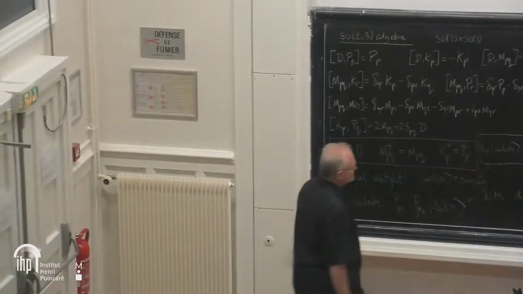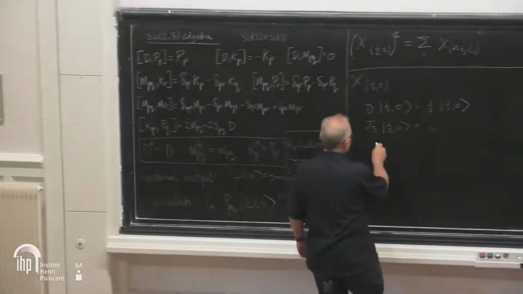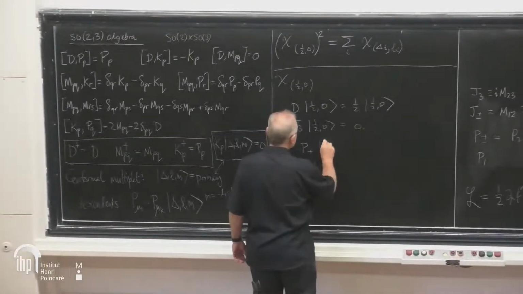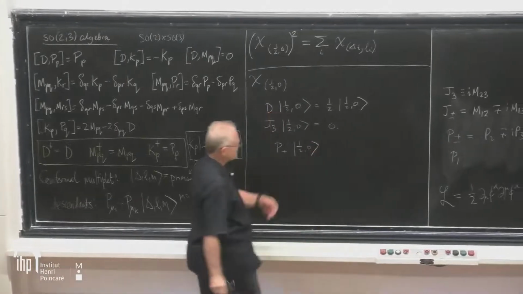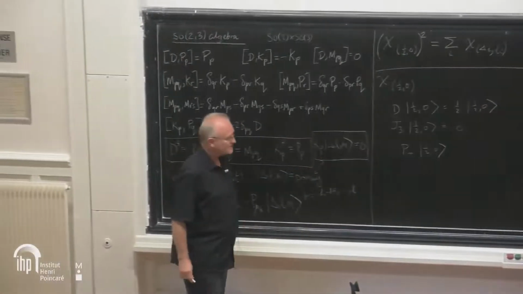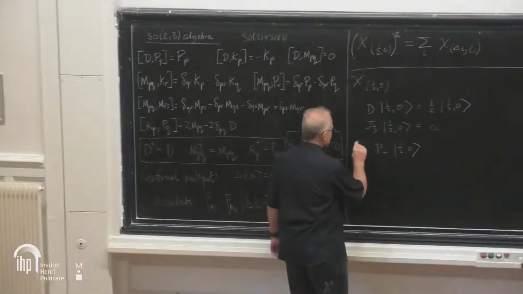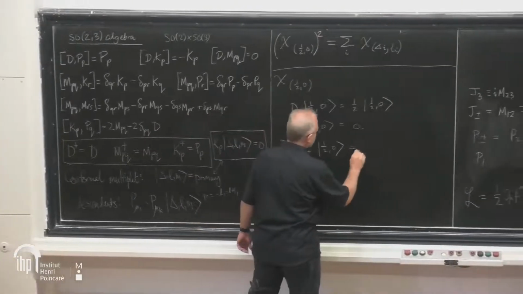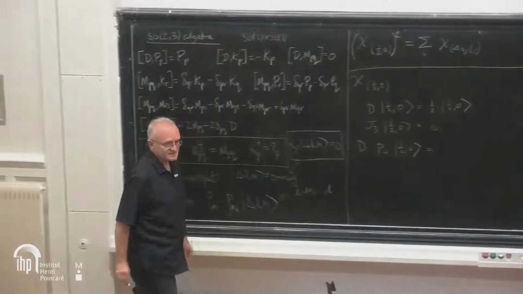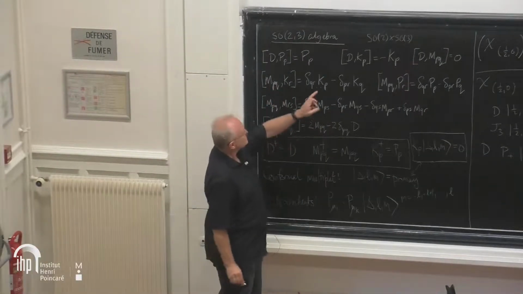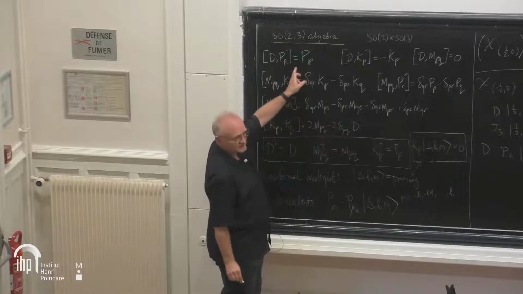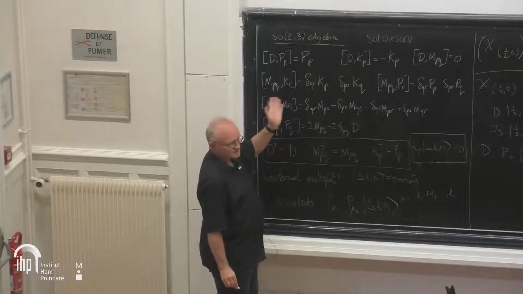Now let's look at a descendant. We could take P plus acting on 1/2 comma naught. So this is now a descendant state. If we act with D on P plus, well, P plus raises the dimension by 1. I told you it comes from this commutator over here. So, I mean, this is trivial, but let me just do 1.